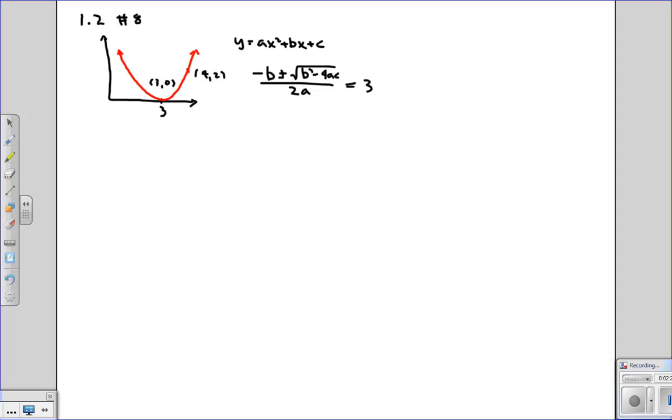So the only way that both of those solutions are going to be 3 is if the square root of b squared minus 4ac is 0. Because that way, plus or minus 0, there's no difference. It's the same number. But if b squared minus 4ac is 0, that means negative b over 2a is equal to 3.